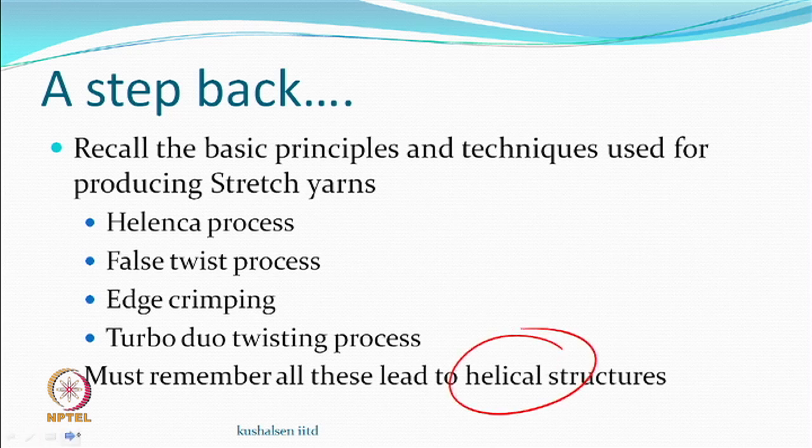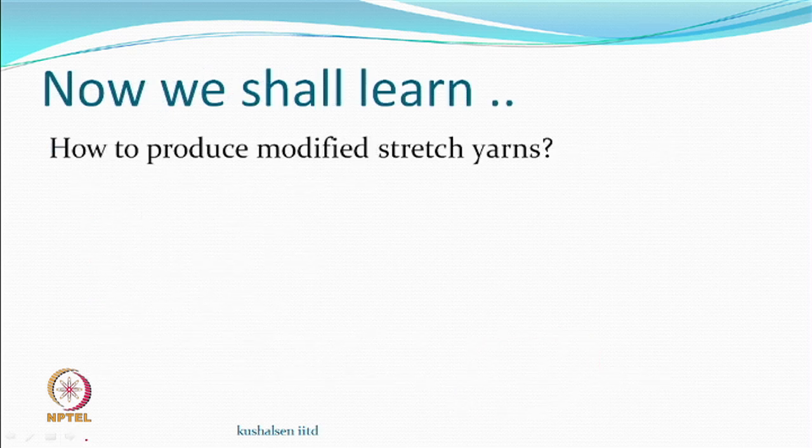So, we go to the next step, which is producing the modified stretch yarns. What we said basically is that for every application we would not require a large amount of stretch, and therefore we would reduce the stretch, hence the name modified.